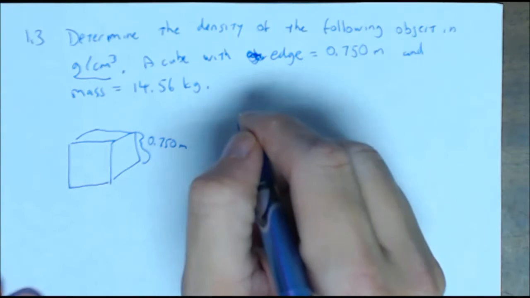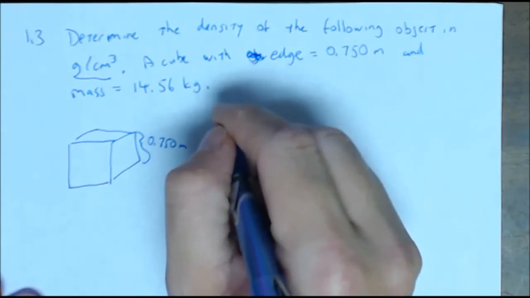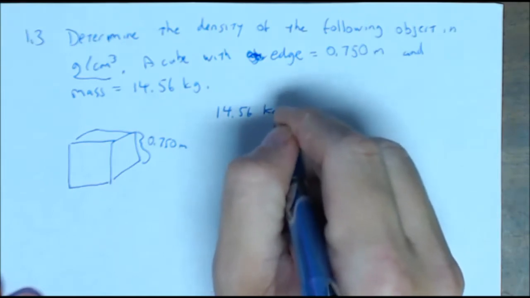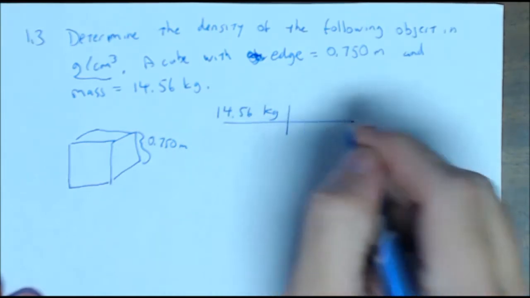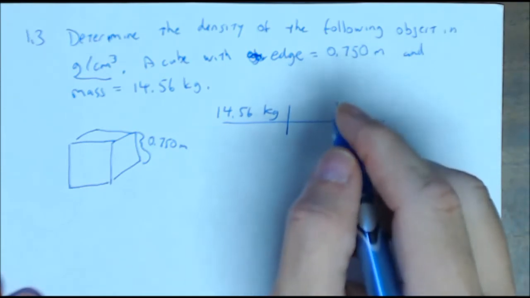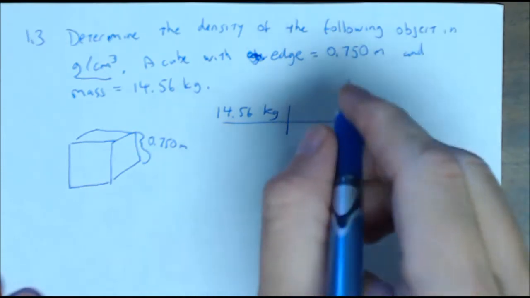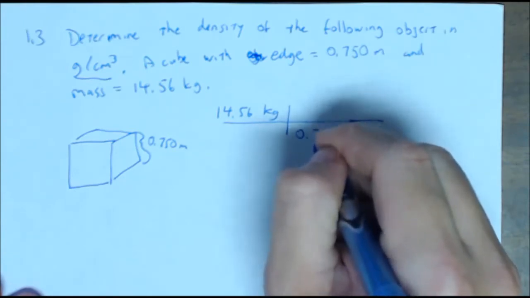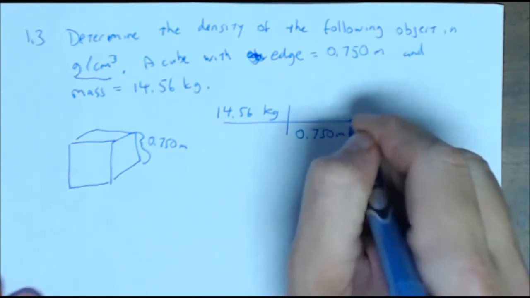So I've got 14.56 kilograms listed here. All right. The next thing that we're going to go into is meters. So I've got 0.750 meters.